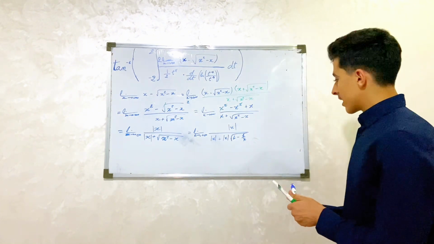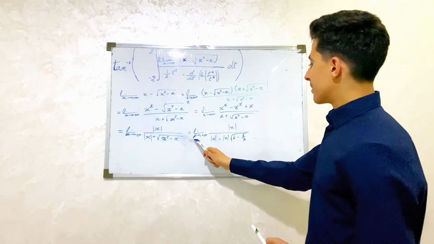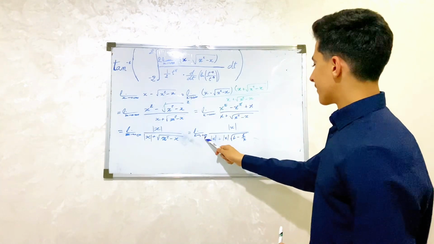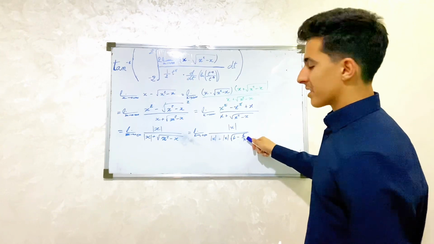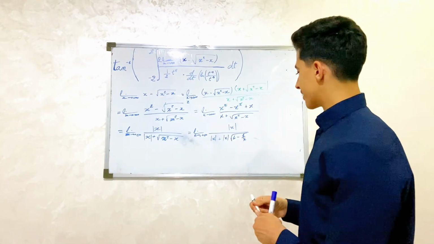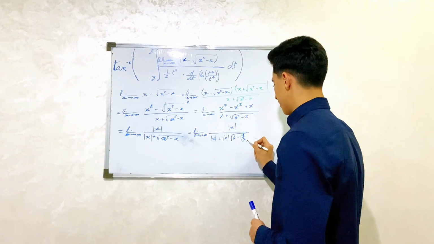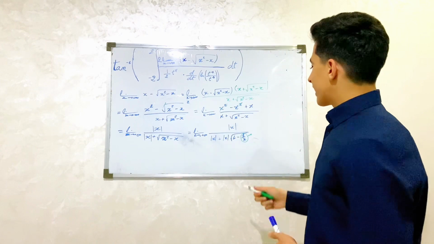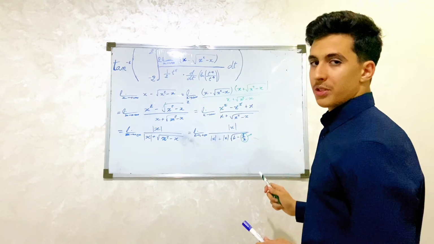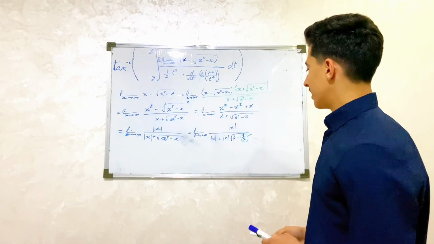Okay. So here we have the limit as x approaches positive infinity of 1 over x. This is basically 0. It approaches 0. We can, in the next step, just replace it by 0. We aren't breaking any limit rules here.